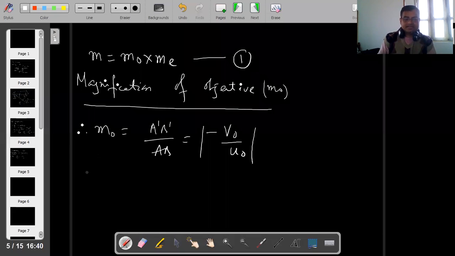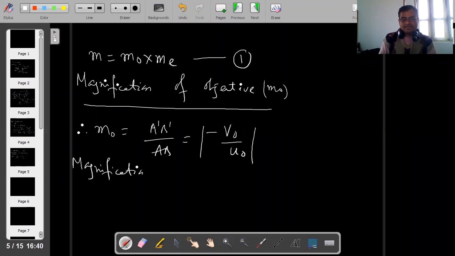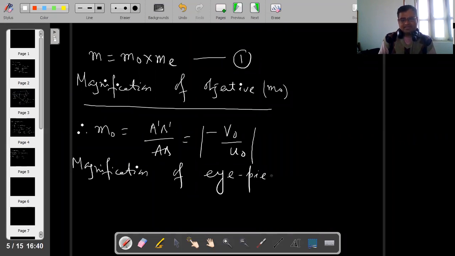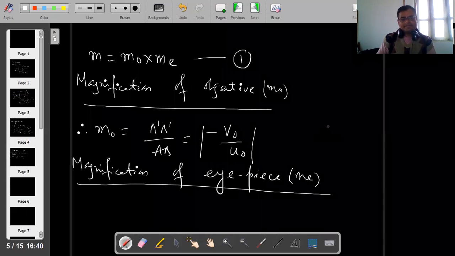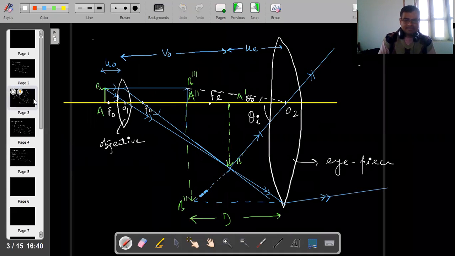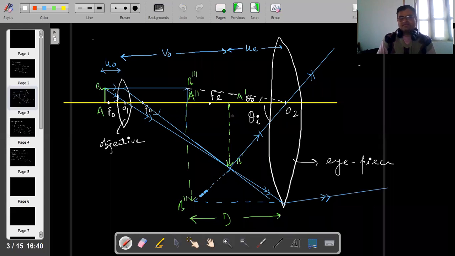Magnification of eyepiece. Write down. Next is the magnification of the eyepiece, ME. The eyepiece behaves like a simple microscope for the virtual object A dash B dash.